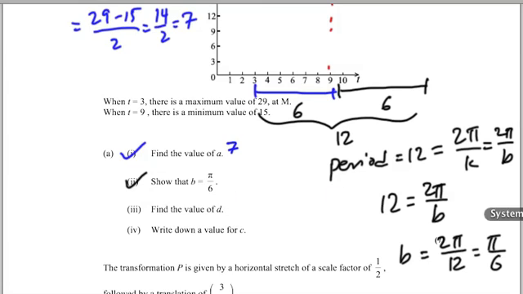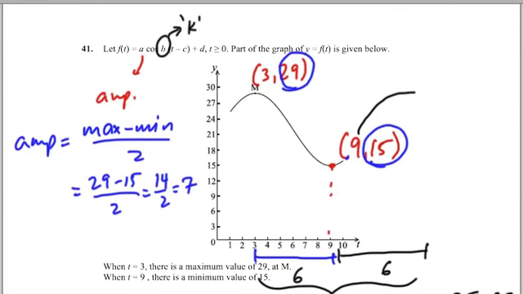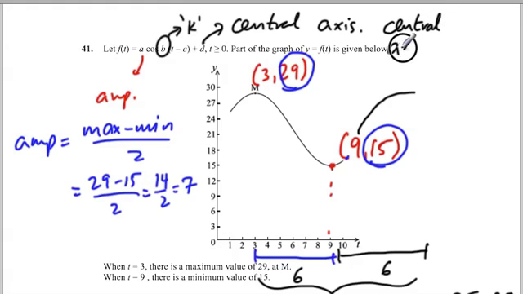Find the value of d. What is d? Let's take a look at what d is. D in this case is the central axis. If you remember the equation for the central axis, it is equal to the max plus the min divided by 2. So what's the max again? It's 29.